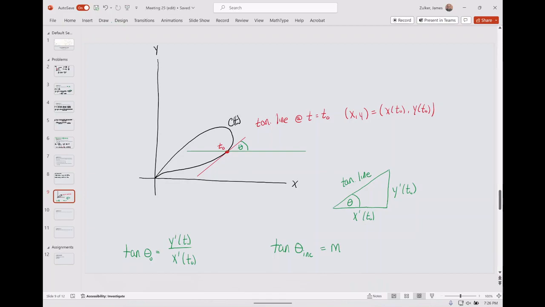In fact, that's going to be true of any line. Slope is always the tangent of the angle of inclination.